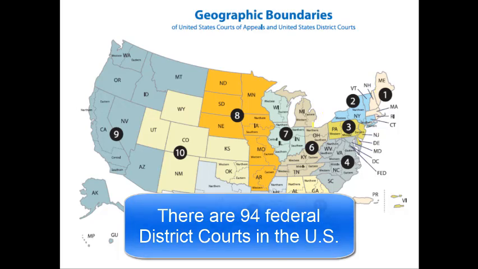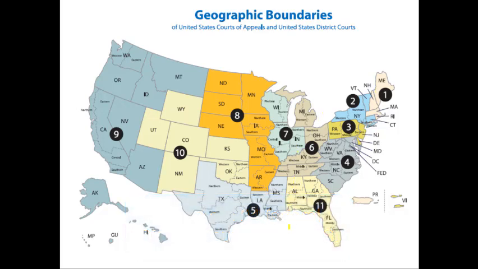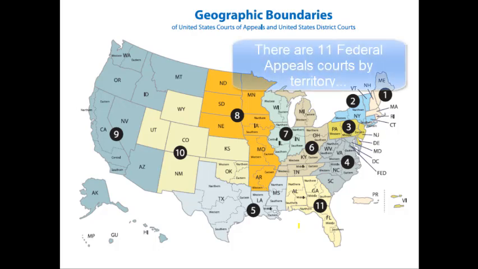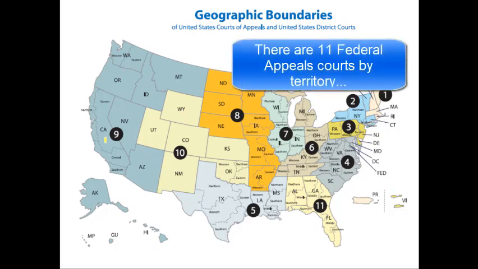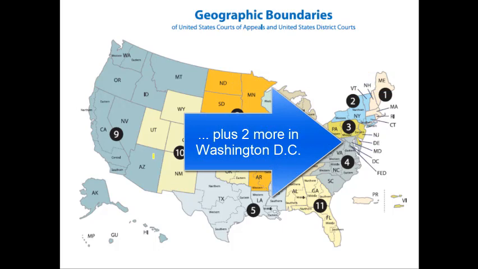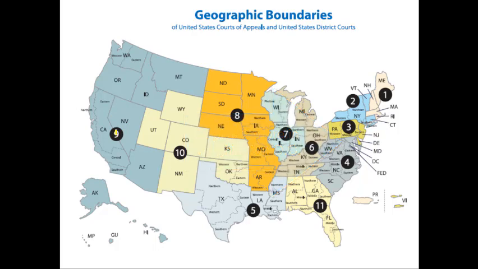Now, we also have 11 Circuit Courts of Appeals. And that's these 11 blocks that you see right here. For example, a large chunk of the western United States is under the jurisdiction of the 9th Circuit Court of Appeals.